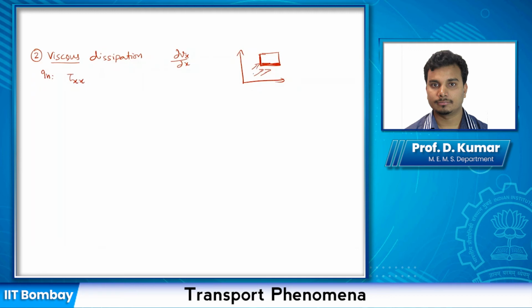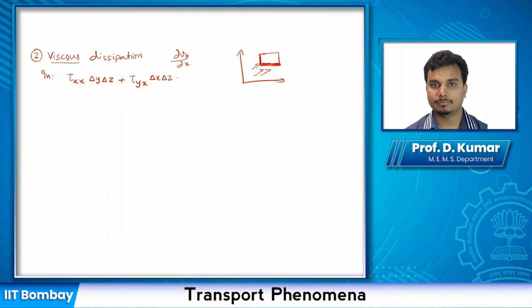Tau xx, and then you have to multiply that by the area, so delta y delta z. Now on this surface, what you are going to write is tau yx, and then the area is delta x delta z.